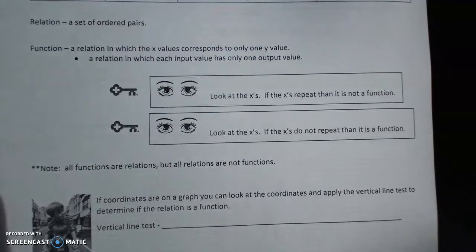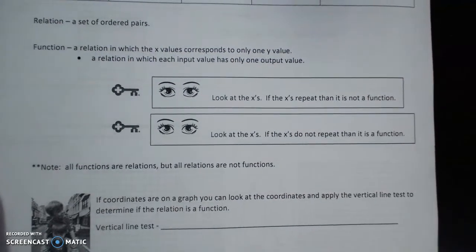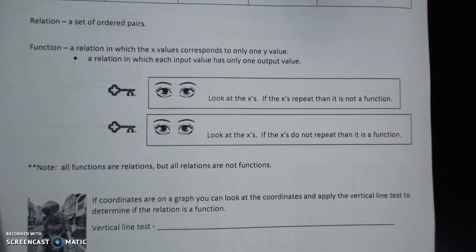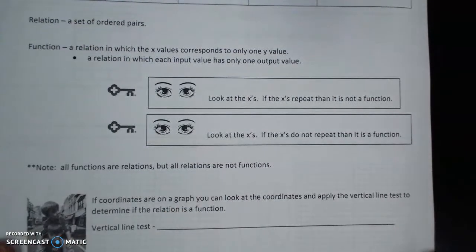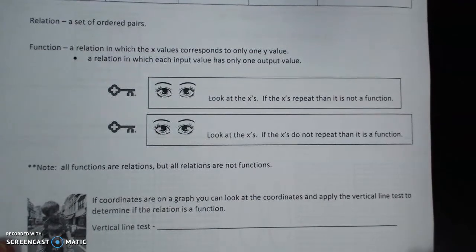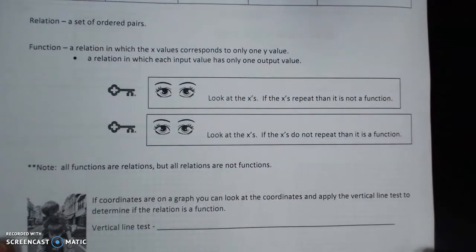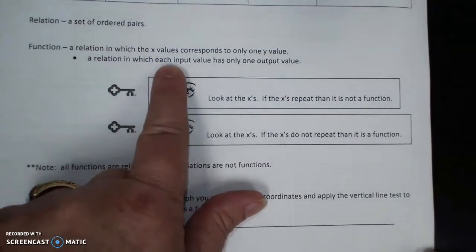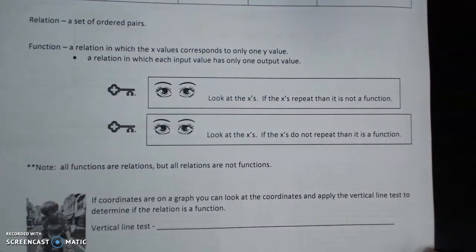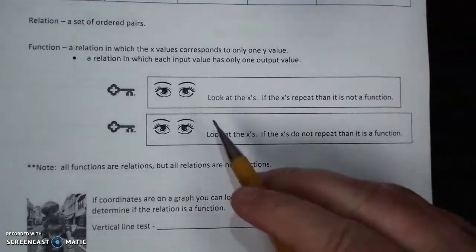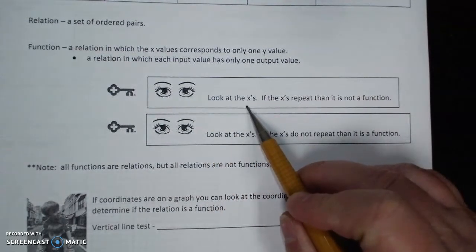Okay, a relation. A relation is just a set of ordered pairs. A function is a relation, so you could insert ordered pairs, in which the x values correspond to only one y value. A relationship in which each input value has only one output value. So what you're going to look for is you're going to look at the x's.